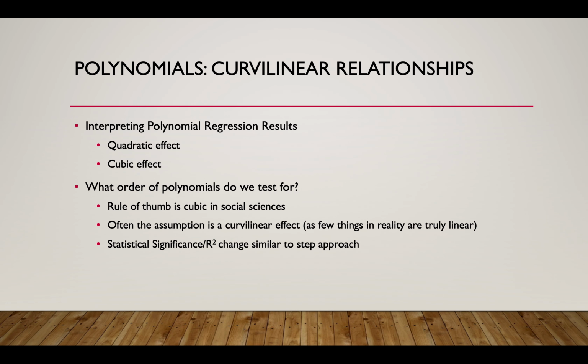All right, how do we interpret these things? So a quadratic effect means that you are going to get a slope that is either positive or negative, and that positive or negative tells you what is happening with the linear main effect. So, for example, if you have a positive linear main effect and a positive quadratic effect, that means that your line is starting to curve upward.